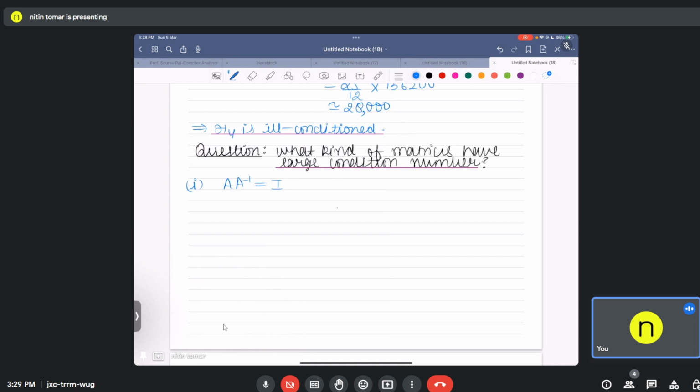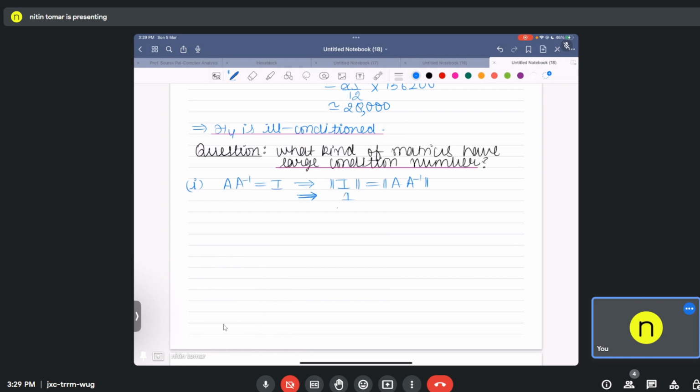Yes, sir. So this implies the norm of I is the same as the norm of A inverse A, for any norm. I am not fixing any matrix norm. Now what is the norm of the identity matrix? One.